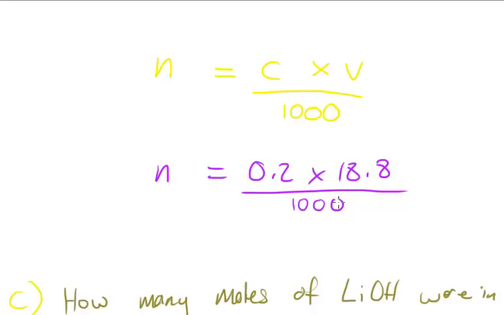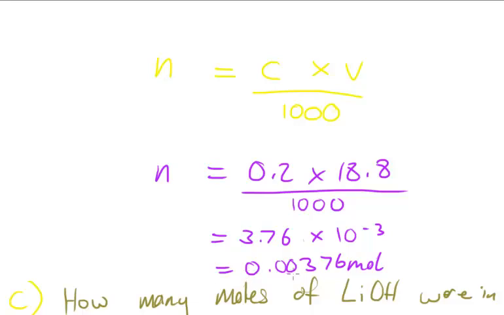If you enter this into your calculator, 0.2 times 18.8 divided by 1000, you get 3.76 times 10 to the power of minus 3, which is basically equal to 0.00376 moles. So this is the answer, 0.00376 moles.